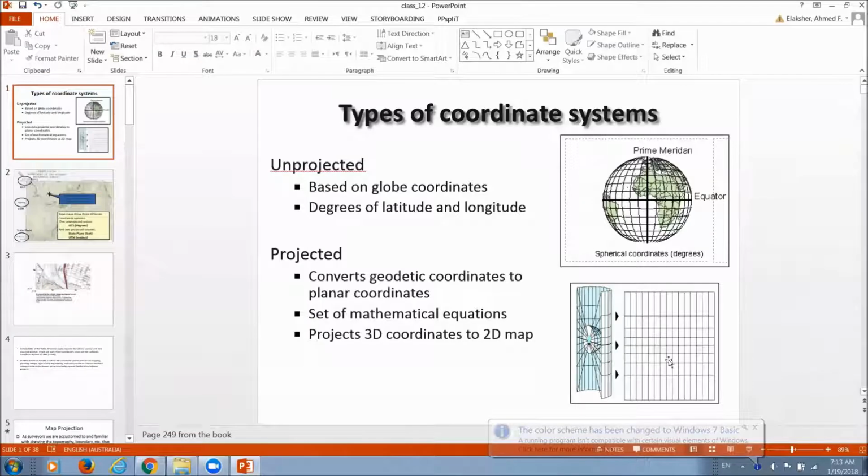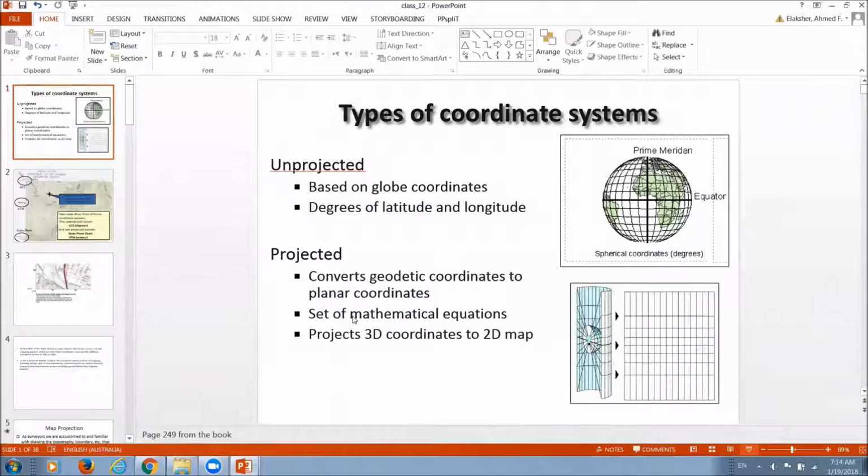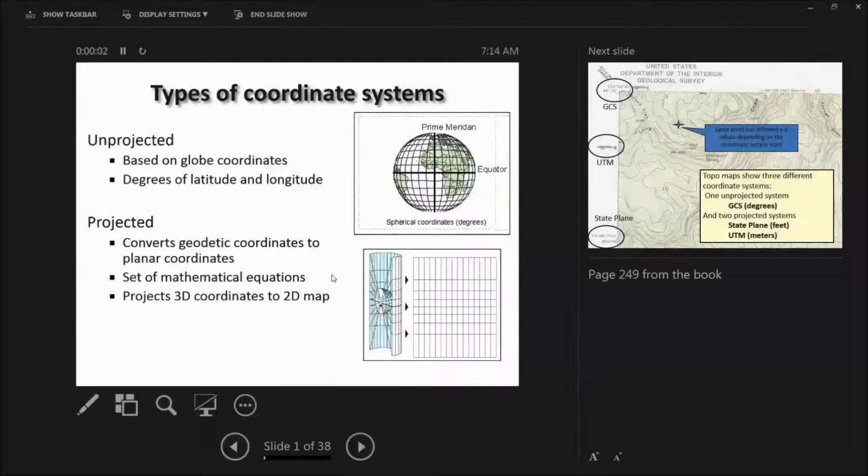Okay, so what's the idea about map projection here? Let's go back to our basic understanding of the Earth: the Earth is a sphere or an ellipsoid, or it's actually not a sphere or an ellipsoid, or even a geoid.